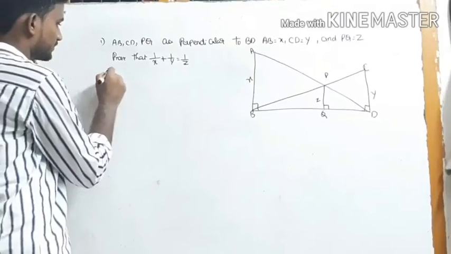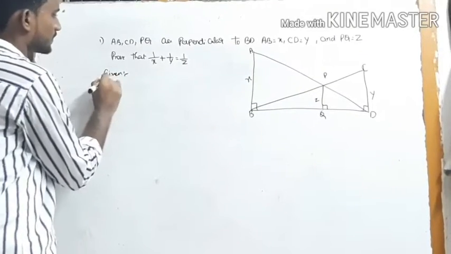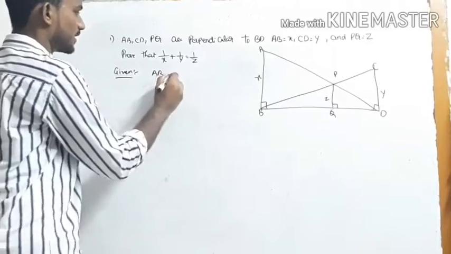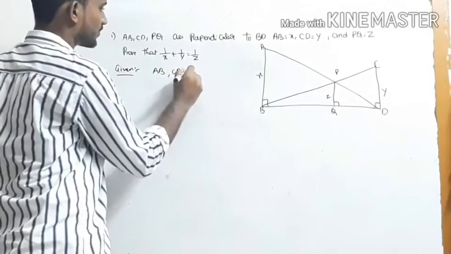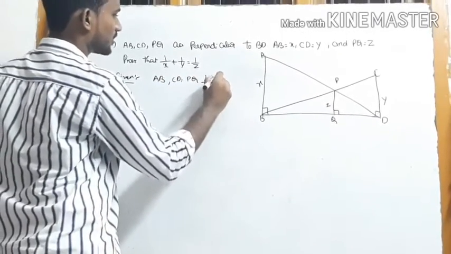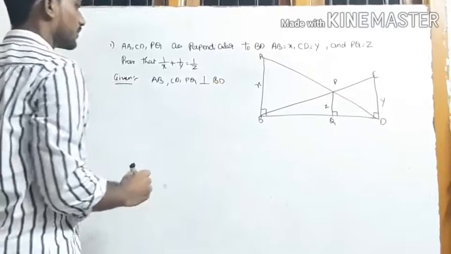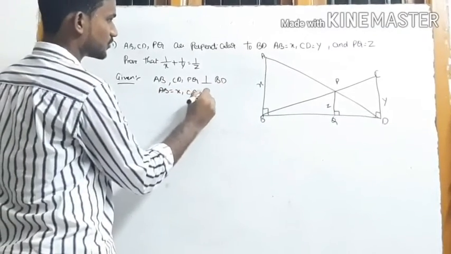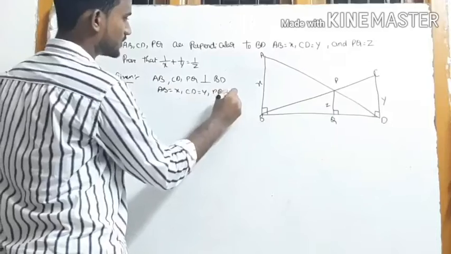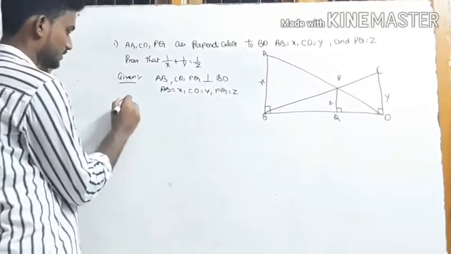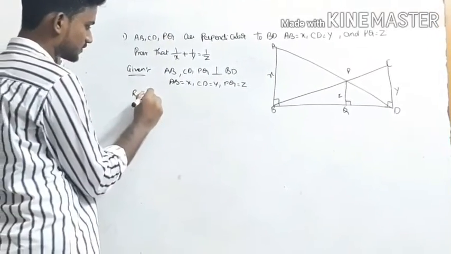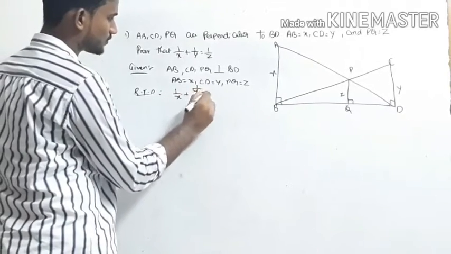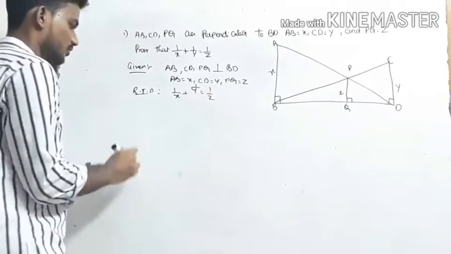First, given: AB, CD, PQ are perpendicular to BD, AB equals x, CD equals y, PQ equals z. The equation to prove is 1 by x plus 1 by y equals 1 by z.